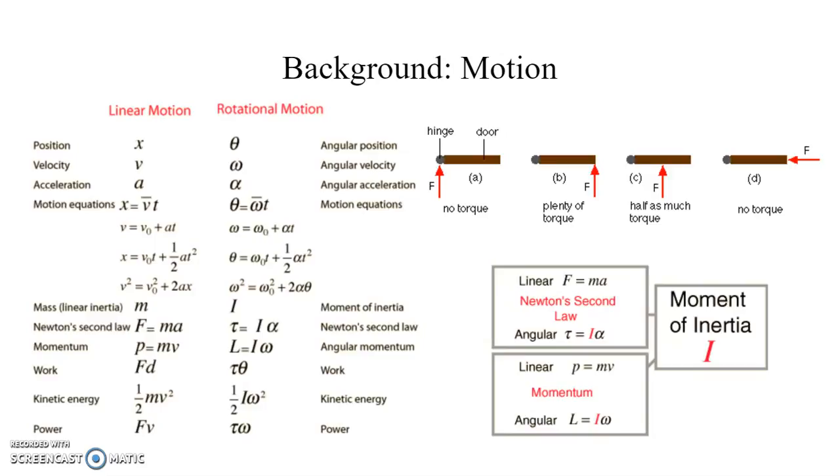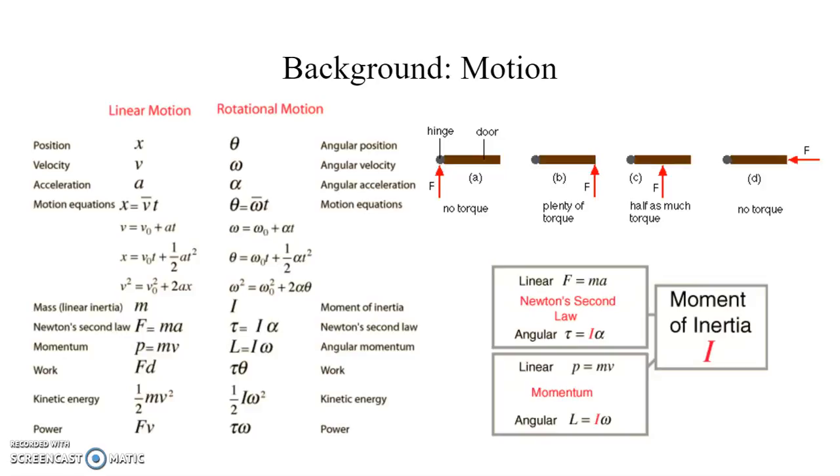As you can see in the picture in the bottom right, the force applied to an object causes it to move linearly, while the torque applied to an object causes it to move rotationally, which allows us to replace those when we convert between the different forms of motion. The mass in linear motion is the same as the inertia in angular motion, so those can be replaced as well.